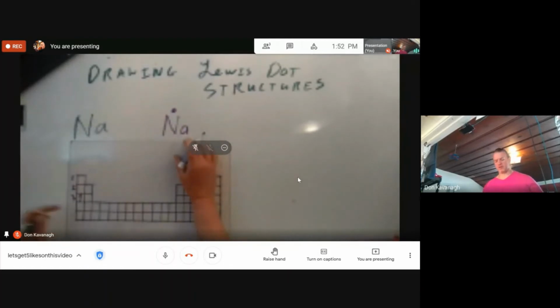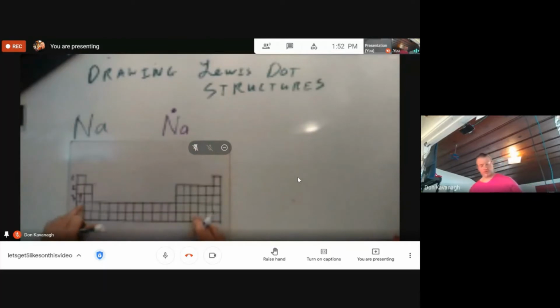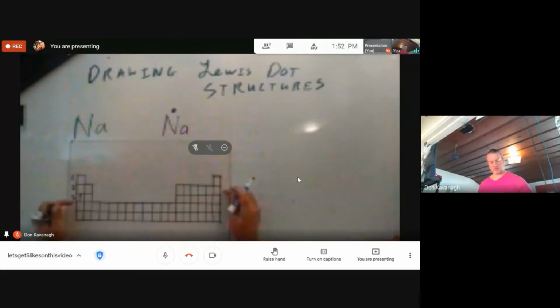Now the nice thing about looking at the periodic table here is you can predict what common charge sodium would have because it only has one valence electron. Sodium, like every atom, is going to want a full row of electrons. Its first row and its second row are filled. I don't have them drawn in there right now, but they're filled with arrows of electrons. And in the third row, it has one electron.